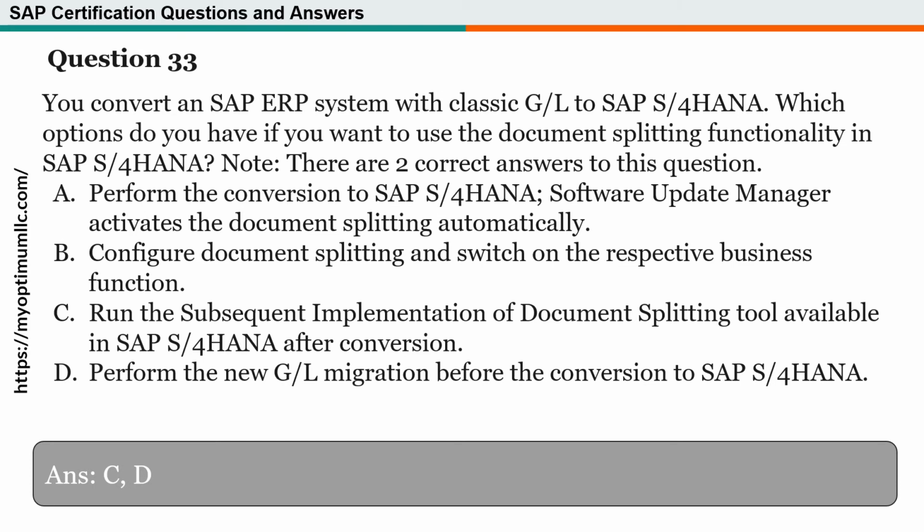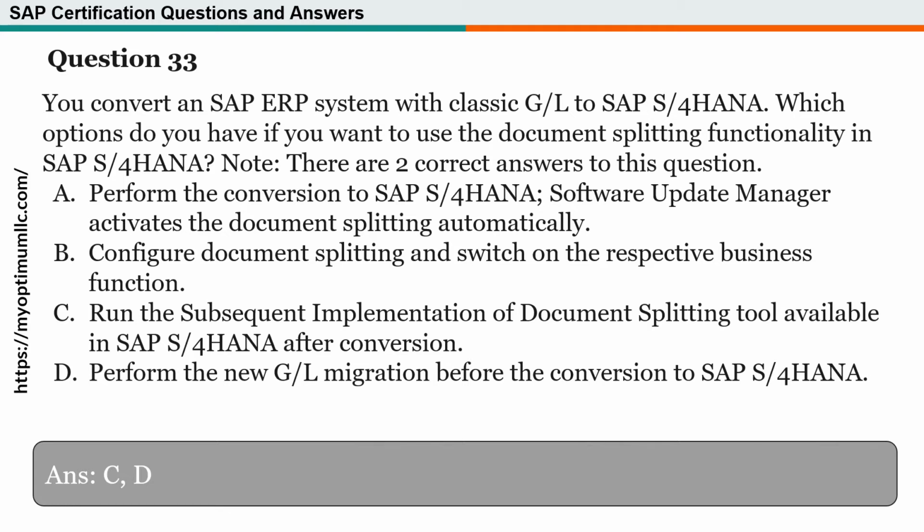Question 33. You convert an SAP ERP system with classic G/L to SAP S/4HANA. Which options do you have if you want to use the document splitting functionality in SAP S/4HANA? Note, there are 2 correct answers to this question. A. Perform the conversion to SAP S/4HANA, Software Update Manager activates the document splitting automatically.